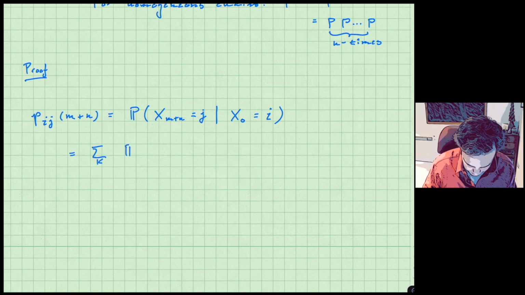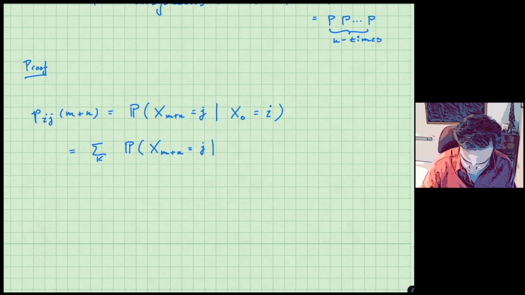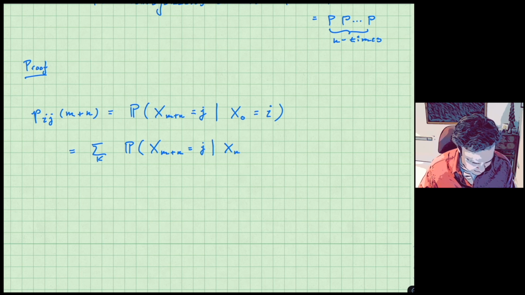of the probability of the chain X_{m+n} being in state j, given, now here's where I insert the state, that at moment n we were in state k, and that initially you were in state i.